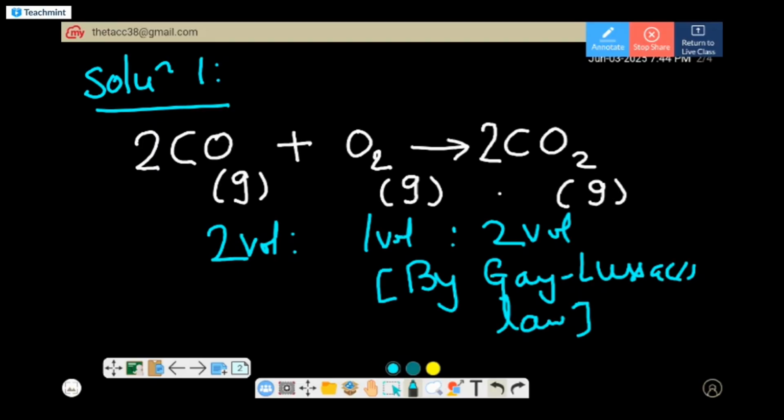So you have to write which law you're using. Okay, so according to Gay-Lussac's law, we are taking the volumes in ratio, and we can clearly see they're all in whole numbers. So this is your first step. Write the equation, balance it, and according to Gay-Lussac's law we are writing the volumes in ratio, so write down the ratios.